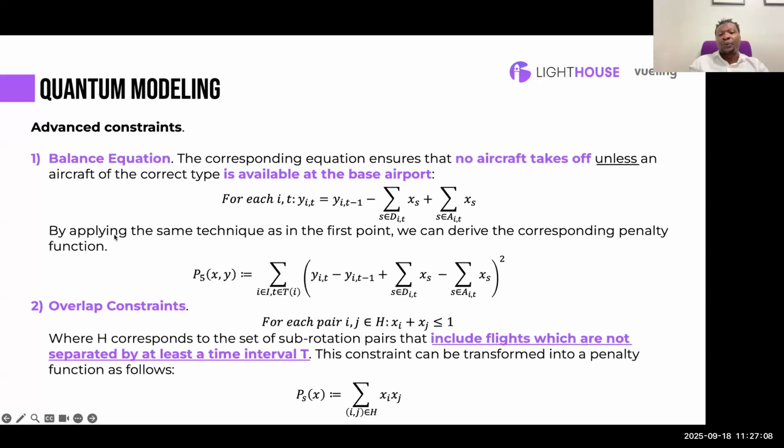The advanced constraints, like the balance equation, we convert this way, and the overlapping we convert this way. This is when we are dealing with QUBO, because QUBO is directly solved by the DWave solver.